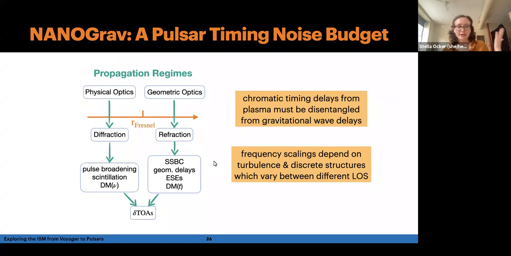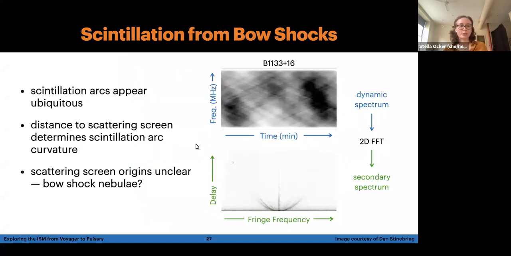So I wanted to give one brief example of one of these propagation effects that we still do not fully understand. These are scintillation arcs. Scintillation refers to the modulations of the radio intensity from a pulsar as a function of frequency versus time.